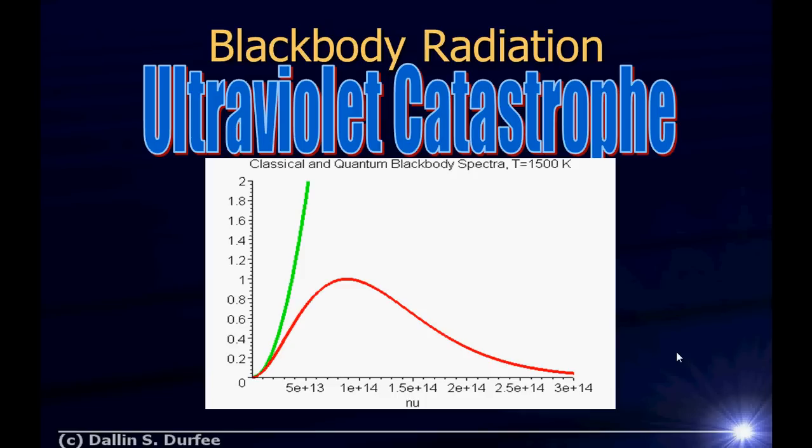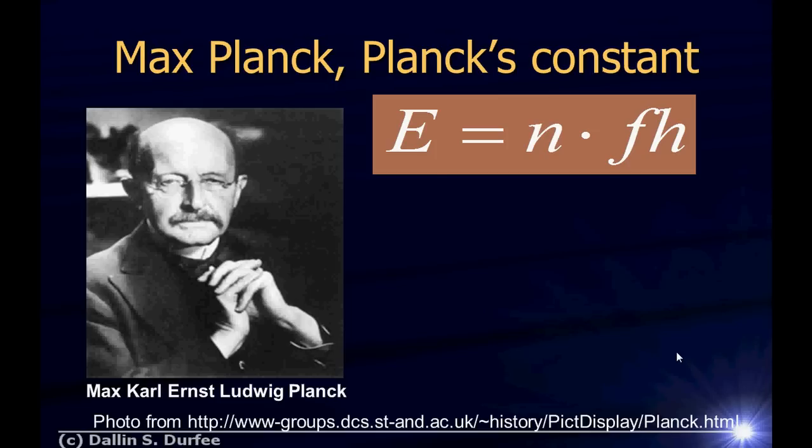Well, a man by the name of Max Planck thought about this, and he was able to come up with a new theory that fit the experimental curve, but to come up with that theory, he had to assume something. To calculate blackbody radiation, he said, imagine I've got a cavity, for example a metal hollow sphere. There's going to be electromagnetic radiation bouncing around inside that cavity because the walls of the cavity are constantly emitting blackbody radiation.